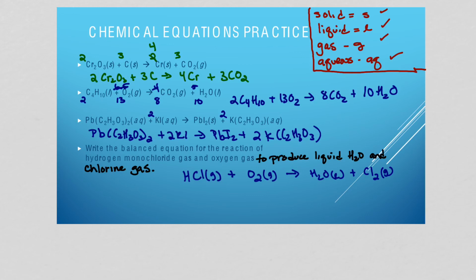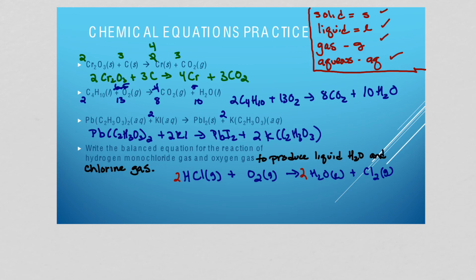So if we look at hydrogen, we have 1 on the reactant side, 2 on the product. So we're going to put a 2 here. I have 2 Cl now and 2 Cl. Okay, good. I have 2 O's here and 1 O on this side. Okay, so I can balance that by putting a 2 here.